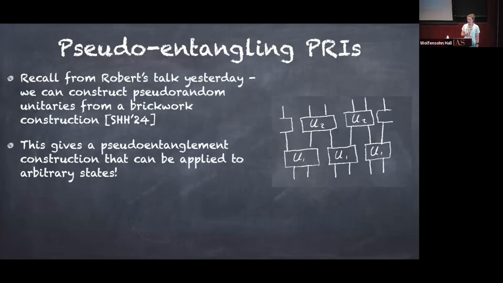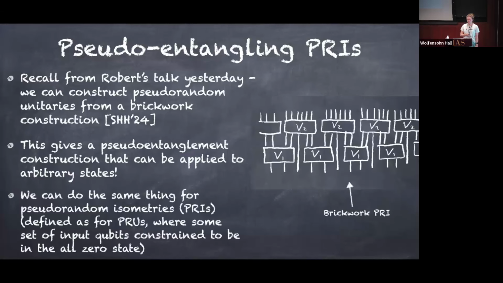Okay, so for our purposes, we're going to need a slight modification of this brickwork construction. We're going to need to move away from pseudo-random unitaries and instead look at pseudo-random isometries. A pseudo-random isometry is just a pseudo-random unitary where now you fix some of the input qubits to be in the 0 state.